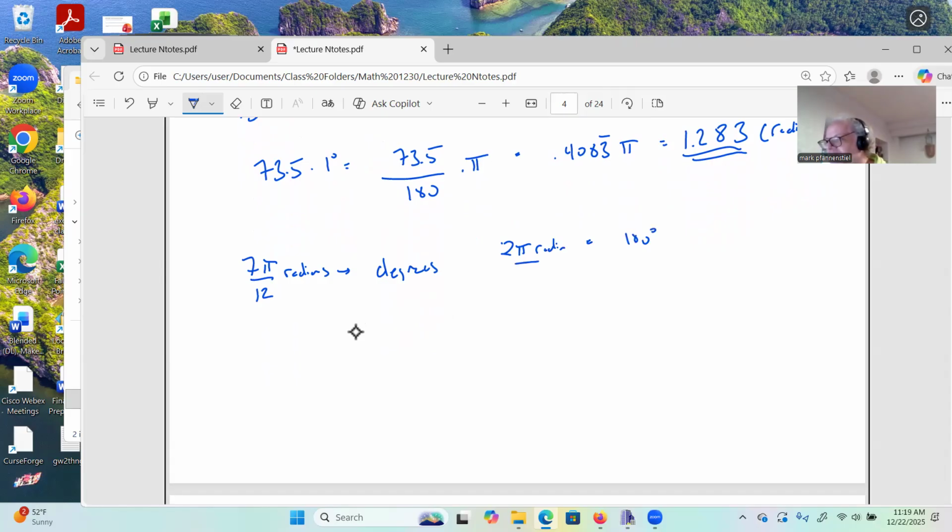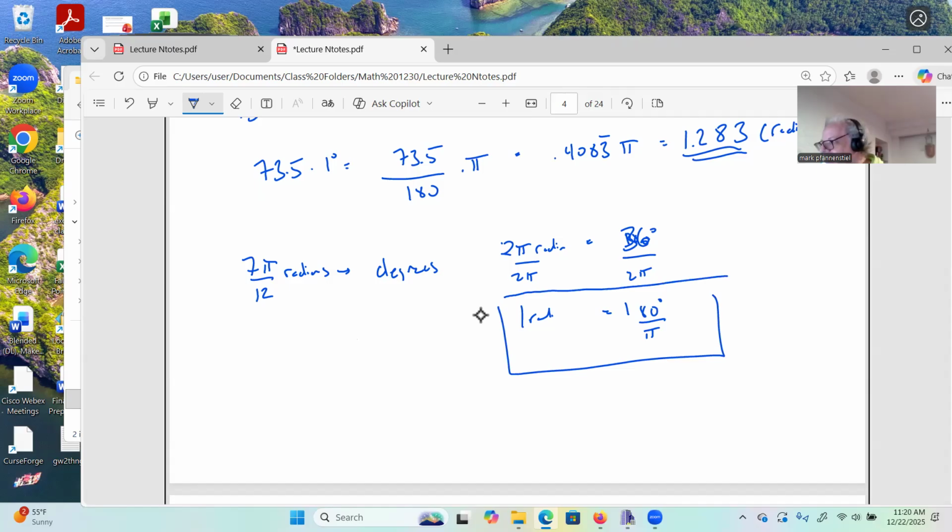Let's divide both sides by 2 pi. So 1 radian is equal to 180 degrees over pi. Let's use this as an equivalence equation.